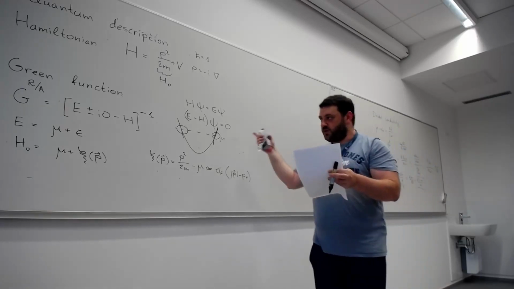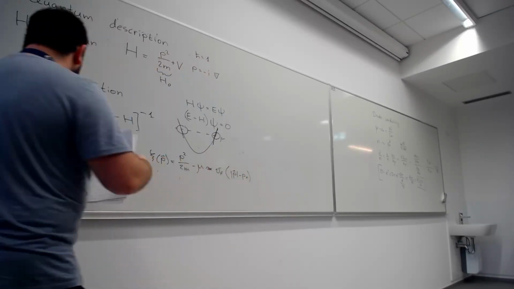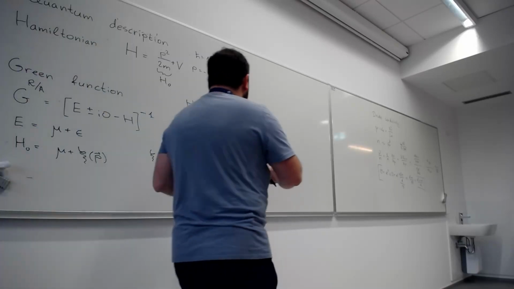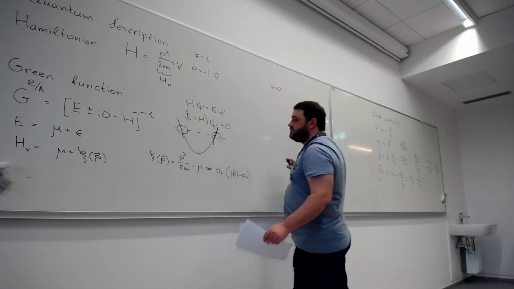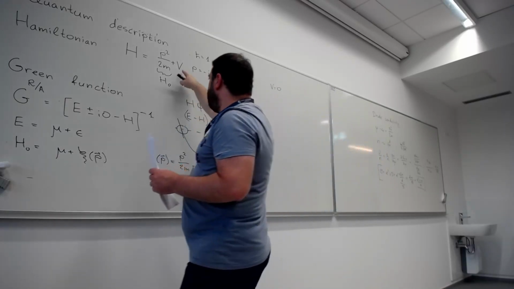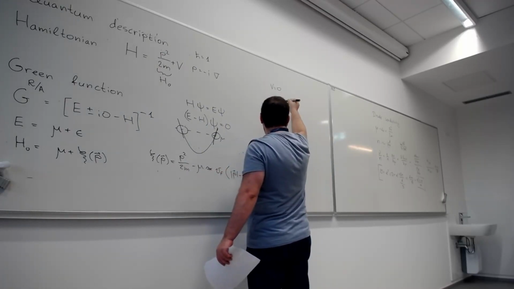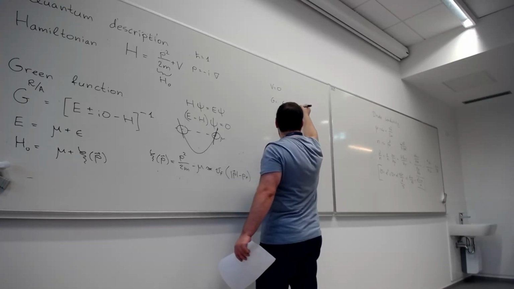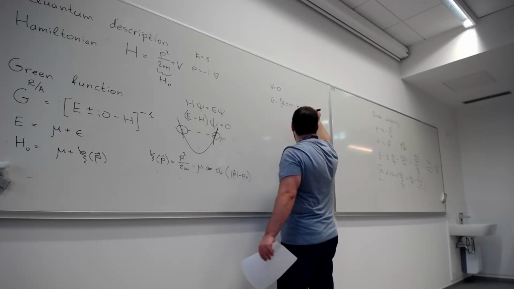So what do we know about these Green functions? For free electrons without any disorder potential, we can just write the Green function as epsilon plus minus i0 minus psi of p, inverse.